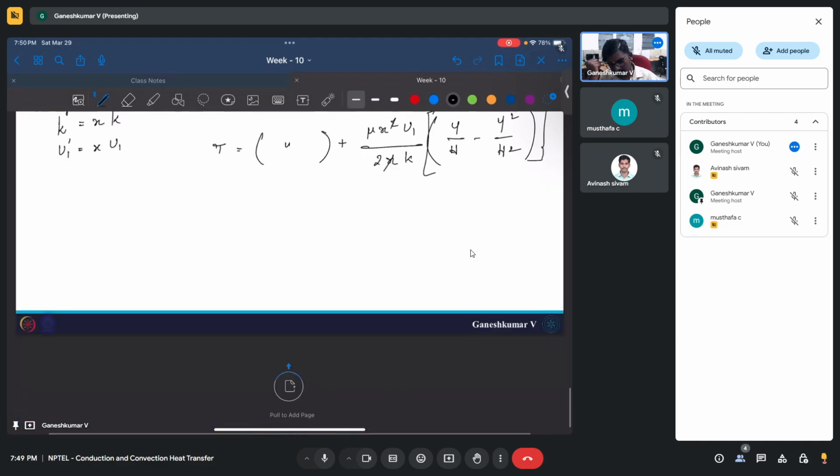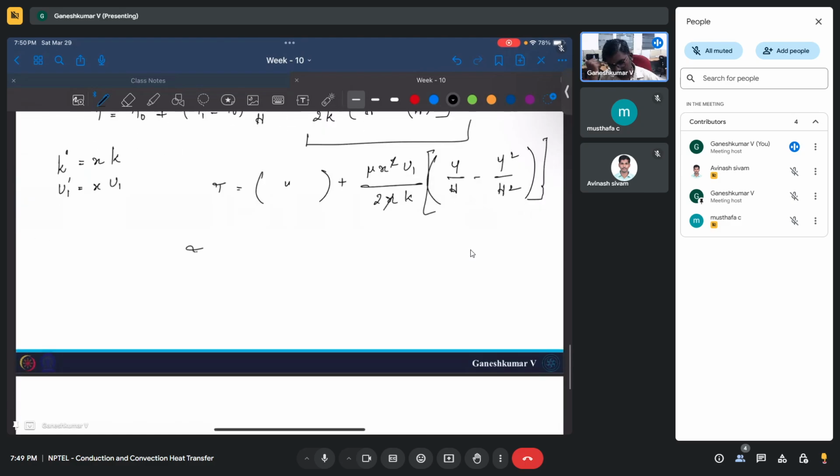Okay. So the temperature is going to have this effect: plus some x times mu u1 squared by 2k into this part.